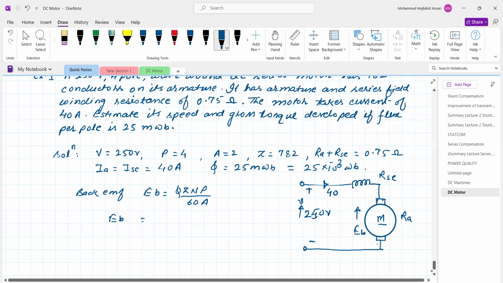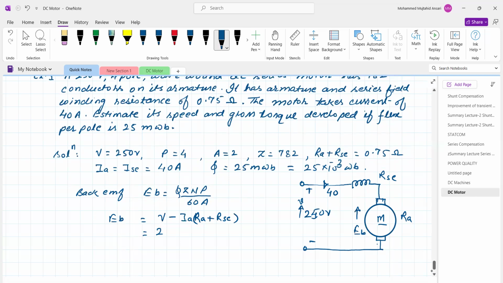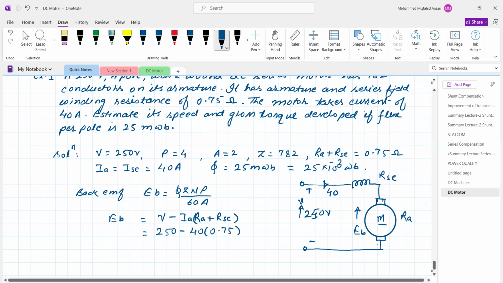So EB is equal to V minus IA into Ra plus Rse. It is the series resistance because it is a series motor. So it is 250 minus armature current 40 into 0.75, and it comes to 220 volt.